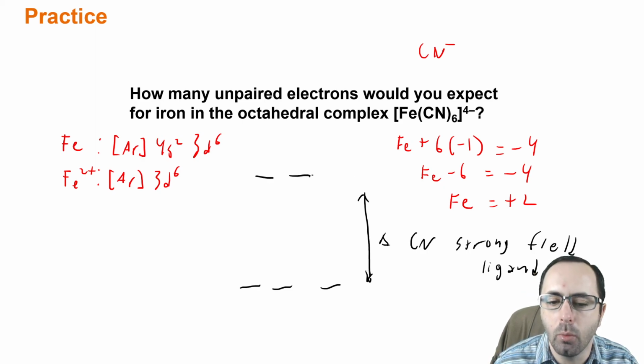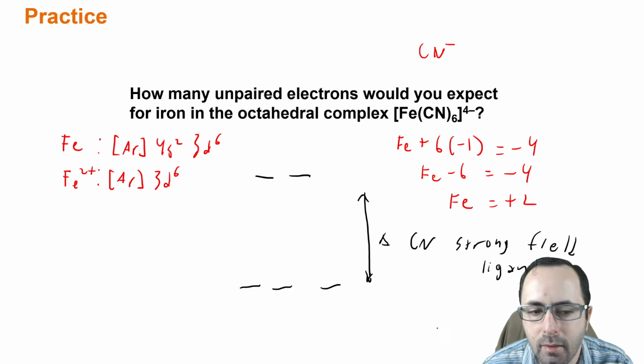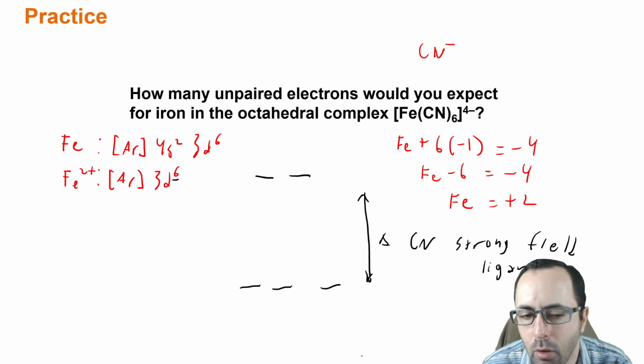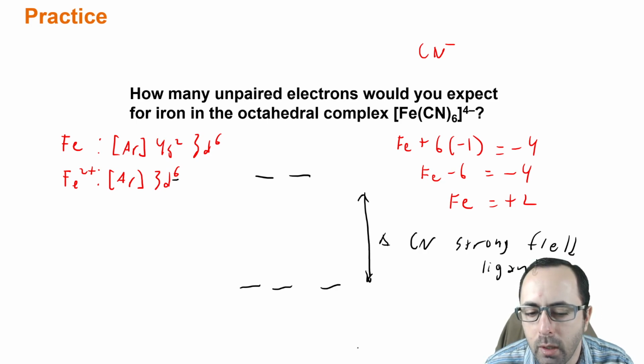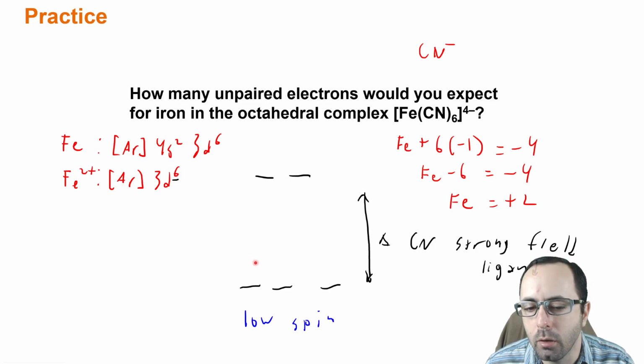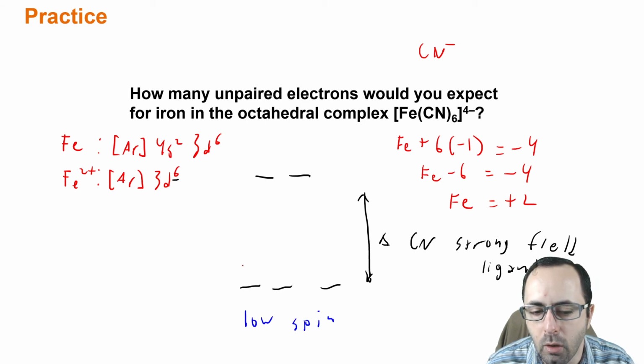I'm going to put the other 2 way up here. And so what that means is that when we put these 6 electrons into the d orbitals, this is going to end up being low spin, because the difference in energy is too huge for the electrons to overcome without first filling the lower energy orbitals.